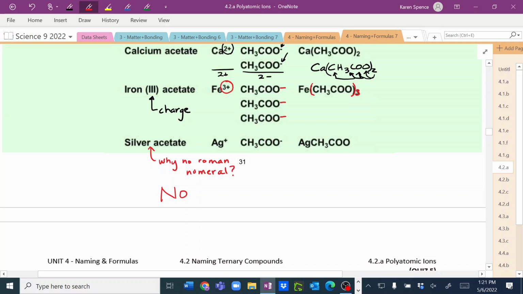Okay, so there's no Roman numeral because it is not in the red zone. Iron, of course, is in the red zone.